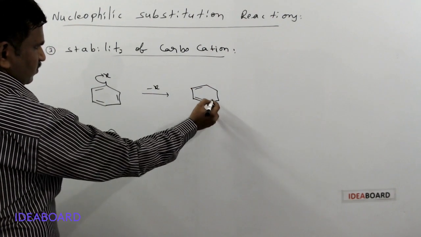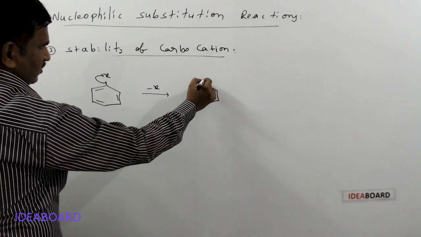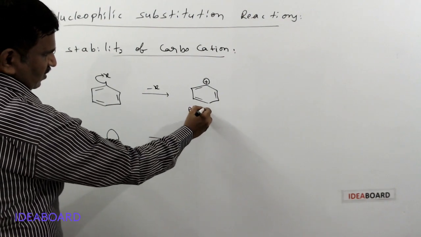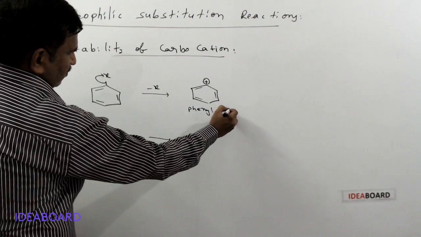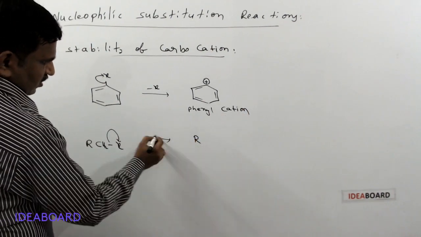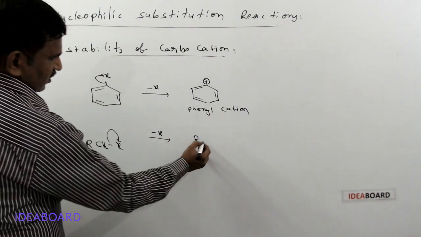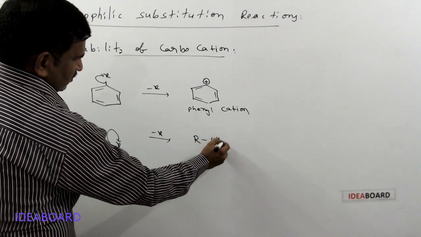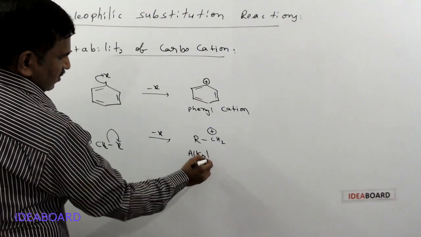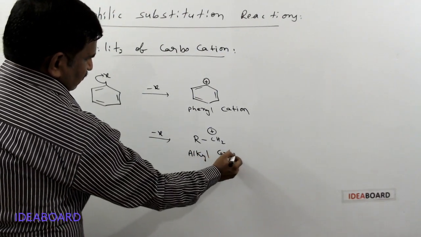Here this is a pi bond, and now it is getting a positive charge. This is called a phenyl cation or phenyl carbocation. And after losing X, you get RCH2+, which is called an alkyl carbocation.